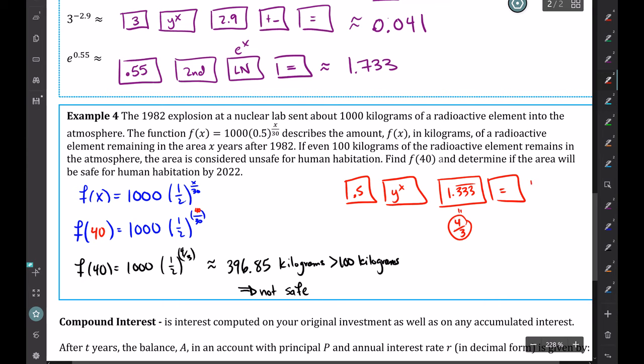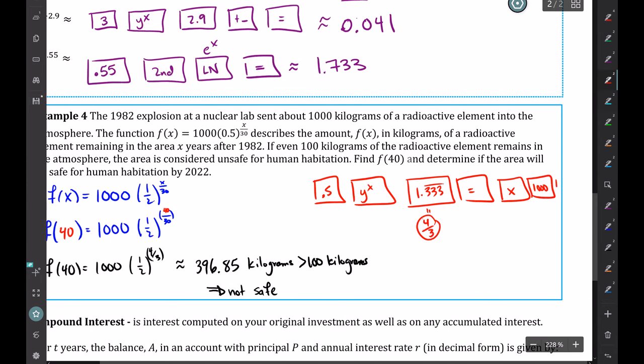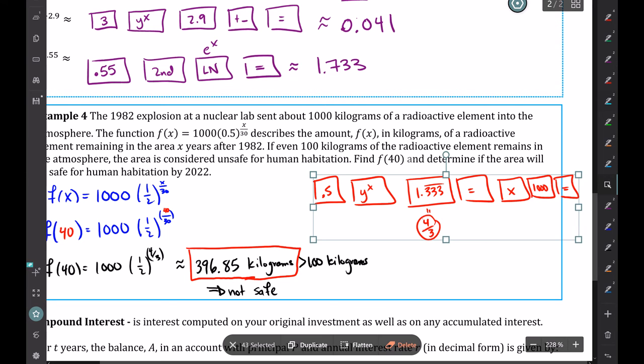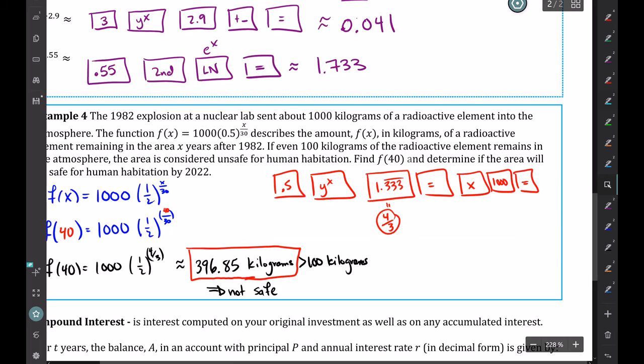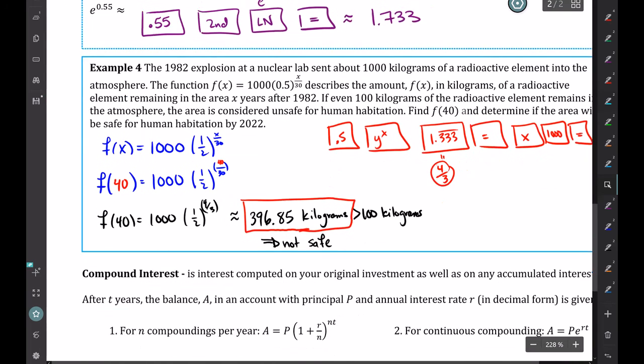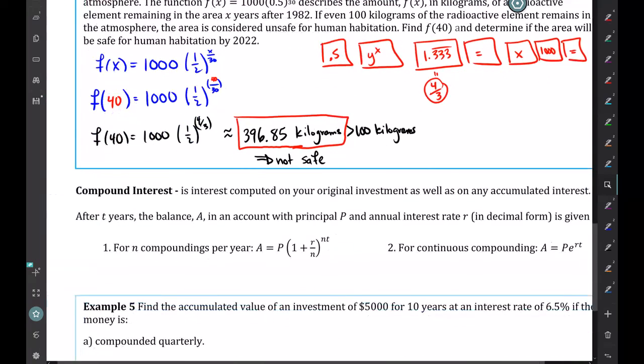And then you can take that number and multiply it, so hit times the 1,000, and then hit equals again. And that should give you the 396.85. Okay. So there's one word problem.